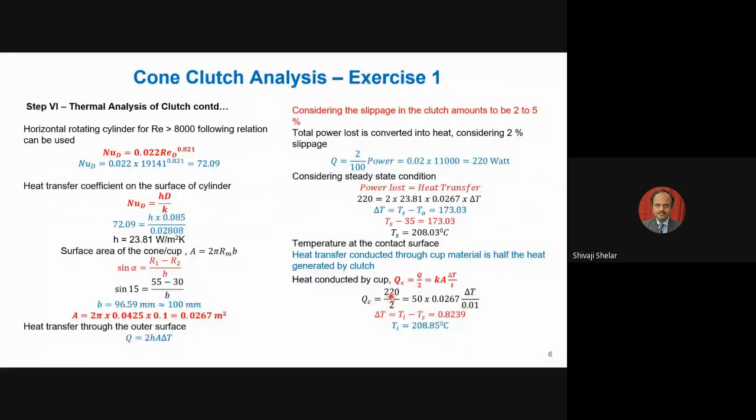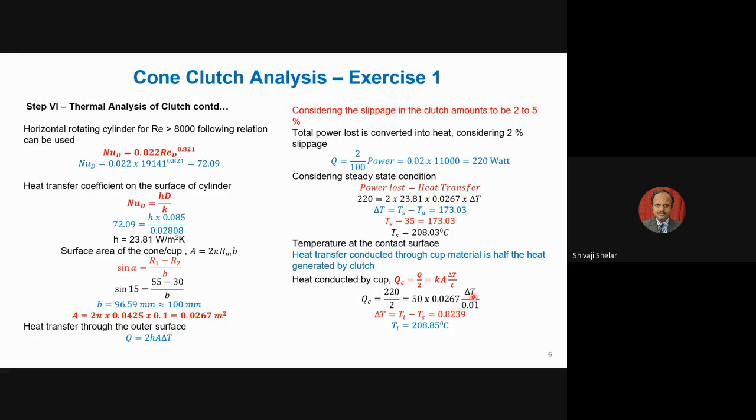So Qc, total heat, is 220, so 220 divided by 2, equals K, 50, times the surface area through which this heat transfer is taking place, that is the lateral mean surface area, equal to 0.0267 square meters.